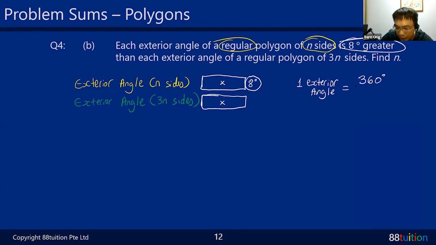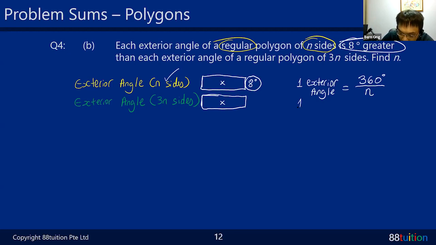One exterior angle, if it is n-sided, it can be like 5-sided or 7-sided, I don't know. n means it's a number. So how to find one? You take 360 divided by n, correct or not? If it's 5-sided, 360 divided by 5 is one exterior angle. Why? All the exterior angles in whatever polygon add up to 360.